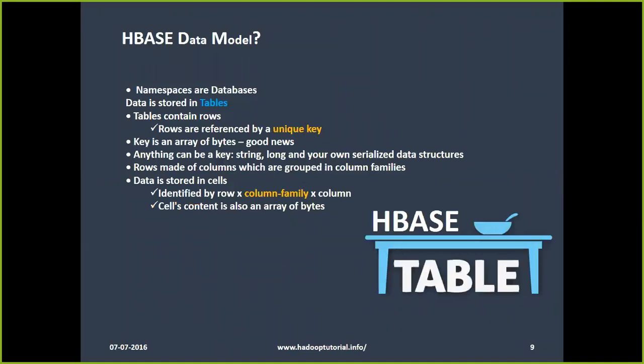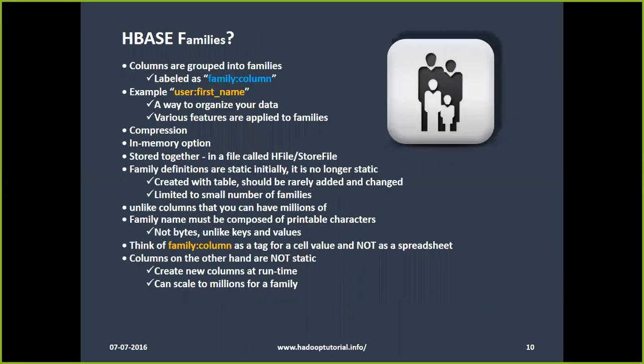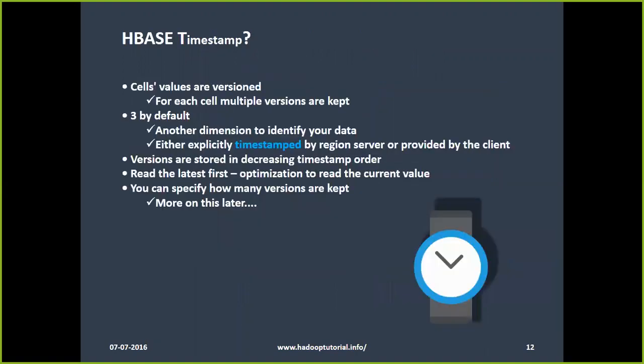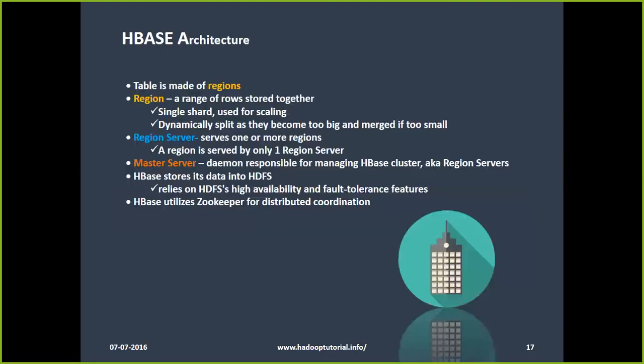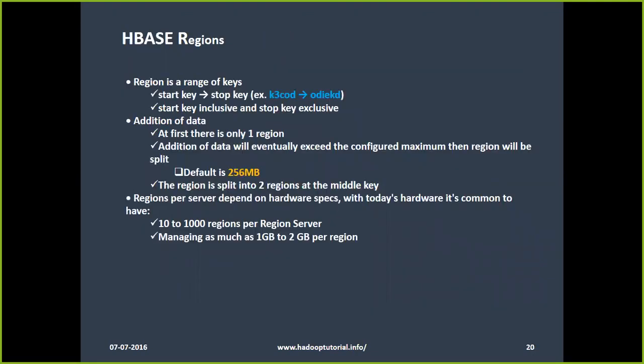So namespaces, which are equivalent to databases, tables, columns, column families, rows and row keys, timestamps, versions. Regions, region servers. These are the things that we talked about. Cells and their versions.